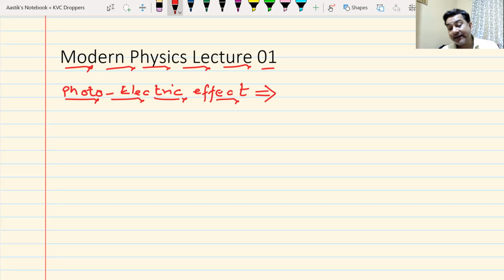That effect is known as photoelectric effect. Photo standing for light, electric standing for these atoms and current flowing. So this is known as photoelectric effect. Do you now get a sense of what is photoelectric effect?